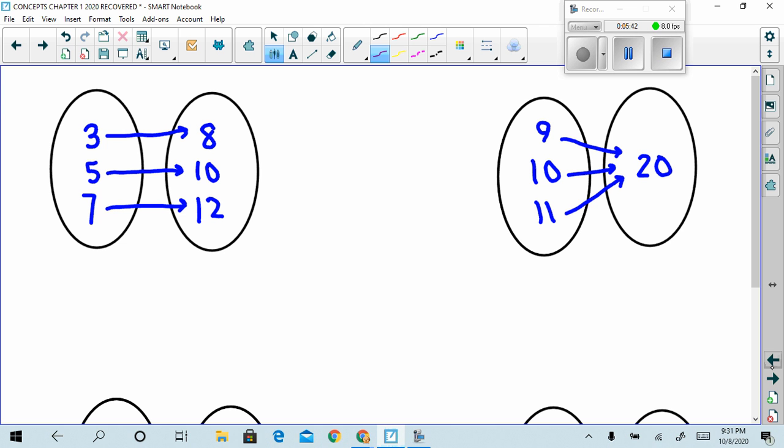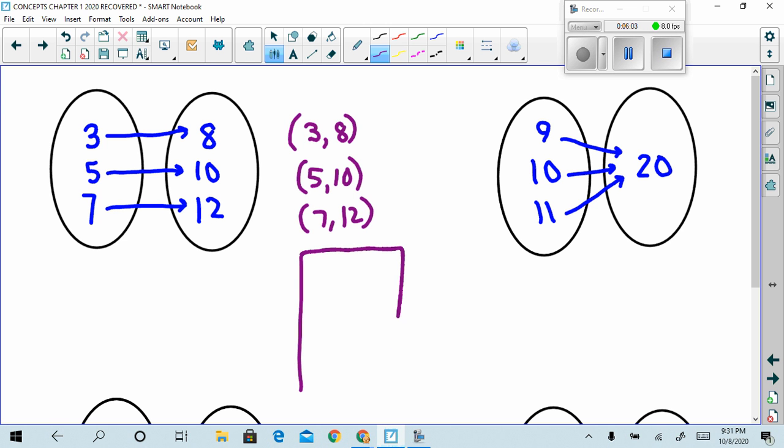So let's just take another look at this. These are representations in mapping form. If they ask you to write them as ordered pairs, many times they give you ordered pairs first, but you could easily write one representation as another. If you wanted to, you could take this and put it into a table.